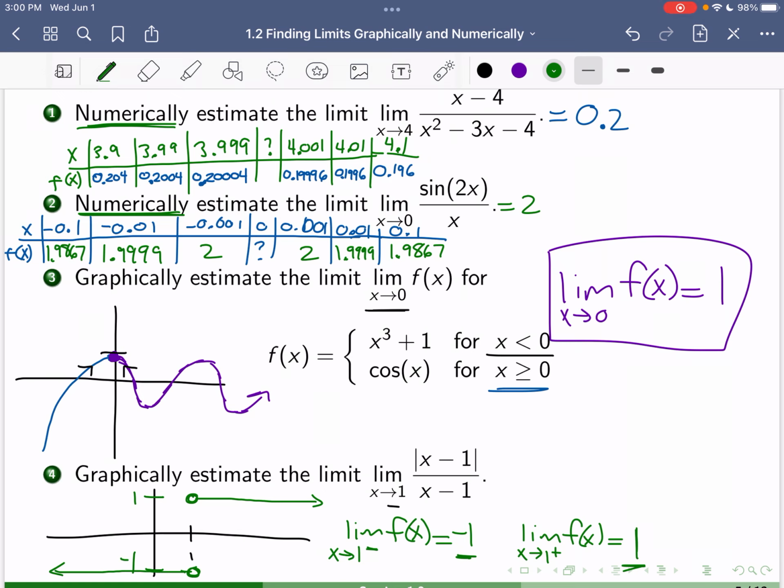And so this limit right here, as we approach 1 without regard to side, we will write it does not exist, DNE. So in order for a limit to exist, it actually has to approach the same thing from both sides. Now, that's the first time we've seen a limit that doesn't exist.